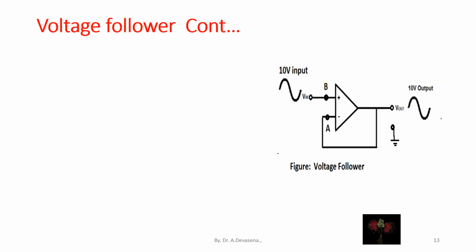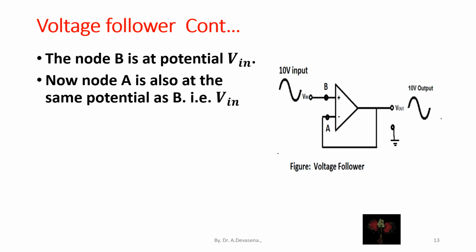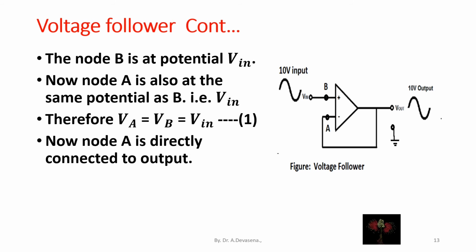The node B is at potential Vin. Now node A is also at the same potential as B, that is Vin. Therefore VA is equal to VB, that is equal to Vin. Consider this as equation 1.